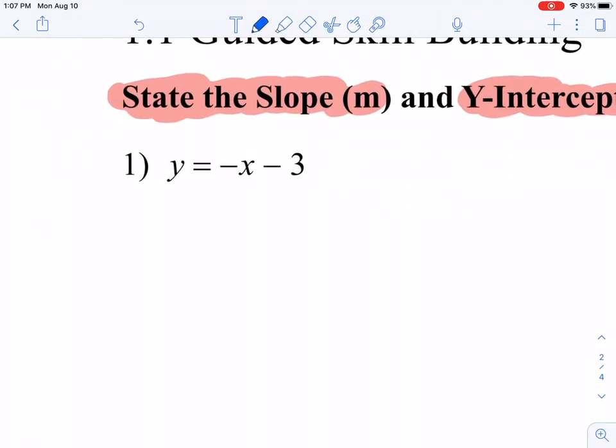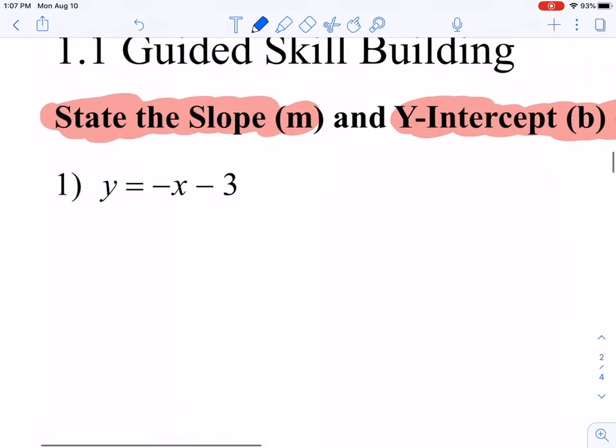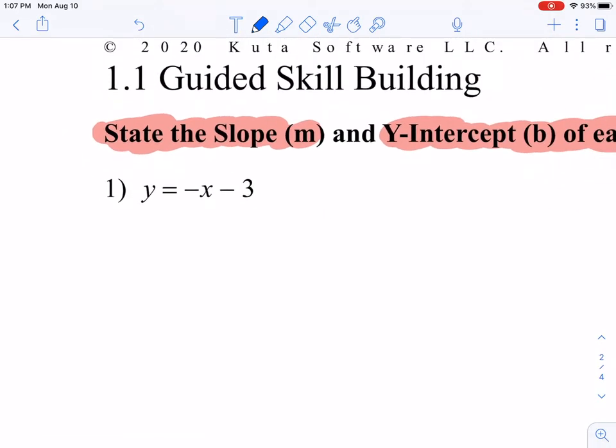This is written in what's called slope-intercept form, and this should be review for you, but slope-intercept form is y equals mx plus b. So mx plus b can be replaced here, or coordinates with the values in our equation. So check this out. I'm going to grab this and move it over.